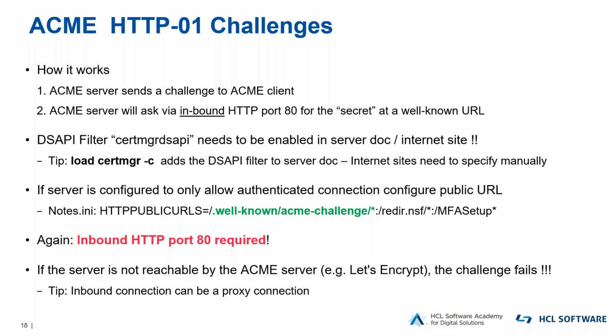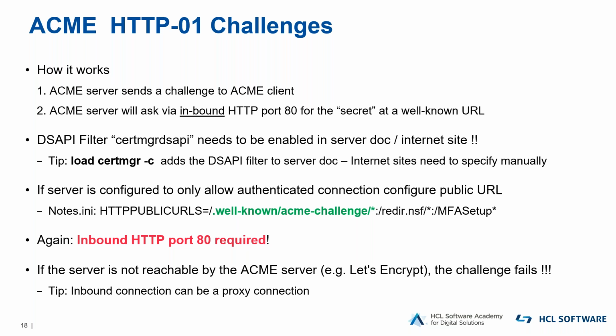So, okay, now we're almost set. There's one thing that we need in place: the DSAPI filter. You either do that manually, or you can say load cert manager -c, which will automatically put the DSAPI filter name into your server document. It's only automated for the non-internet-site configurations, because it might not be a good idea to automatically put it into all internet sites.